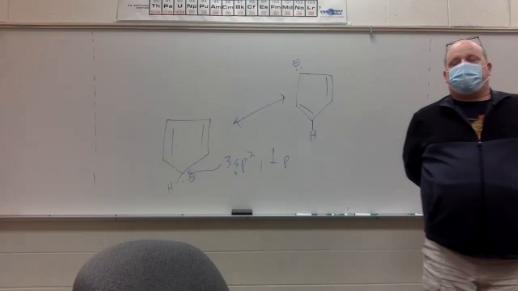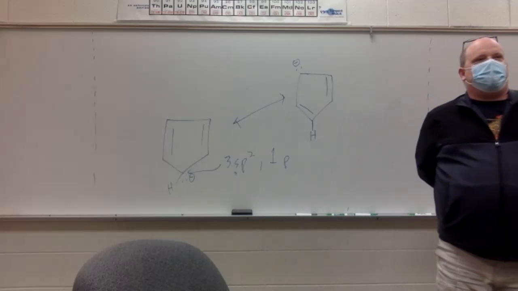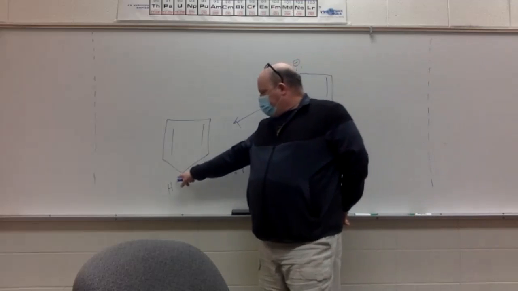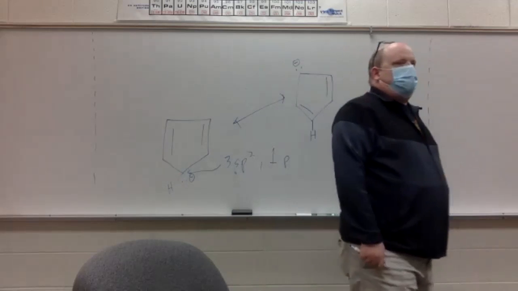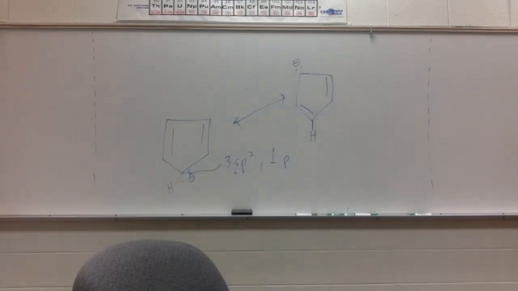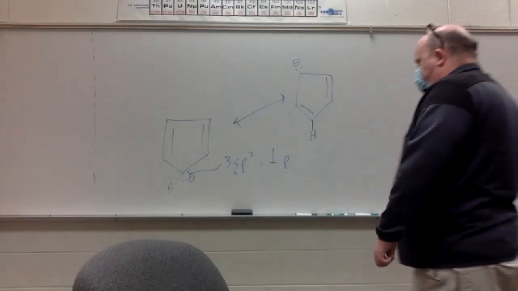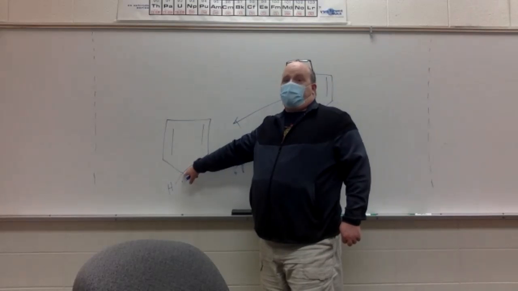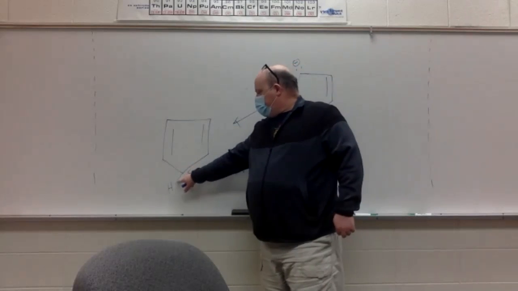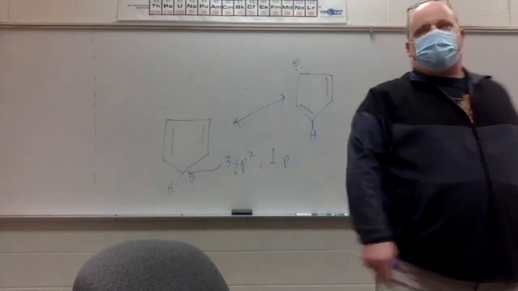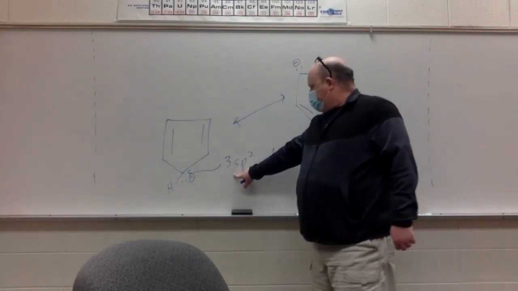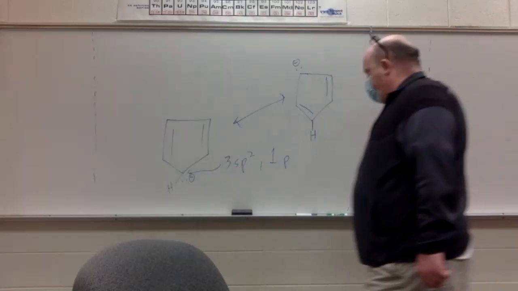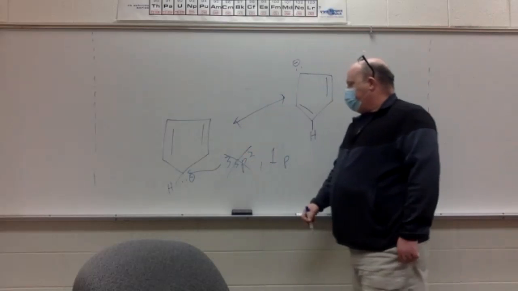Remember, what type of electrons go in hybrid orbitals? Sigma or pi? Sigma. So ask yourself, how many sigma bonds is this carbon currently making? 3. Here, here, and here. 3 sigma bonds, 6 sigma electrons. So how many of these hybrid orbitals are already occupied? All of them. So you don't have any available.